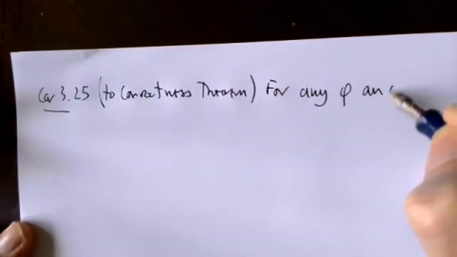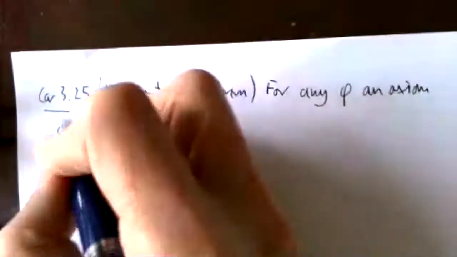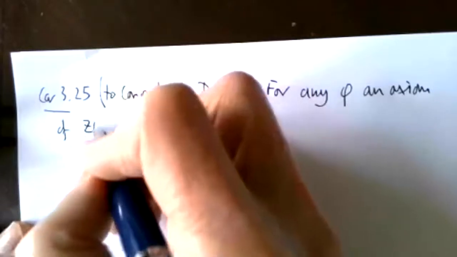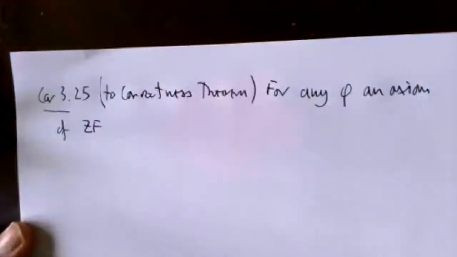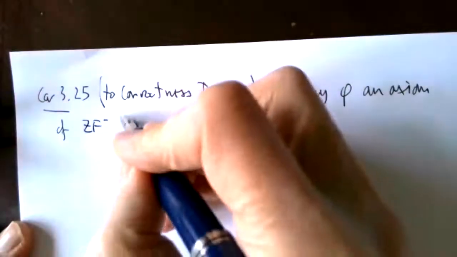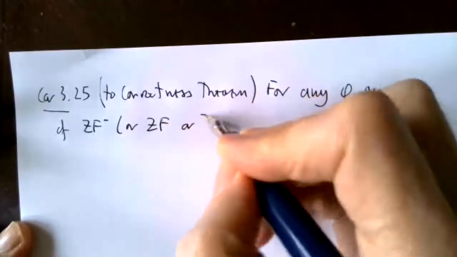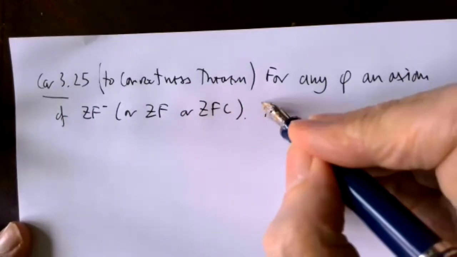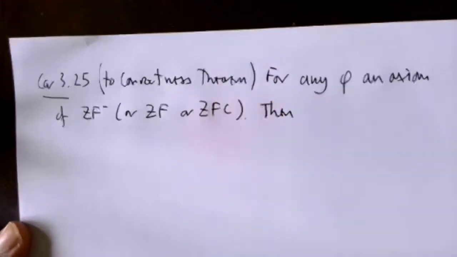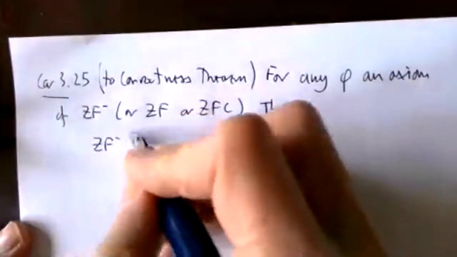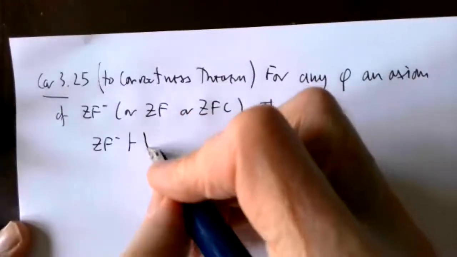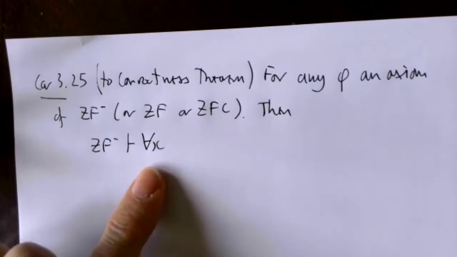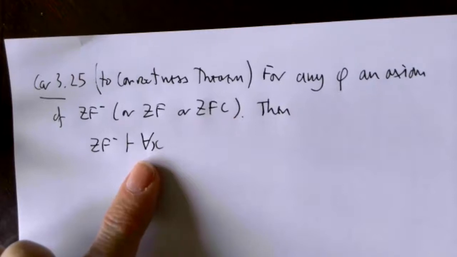For any phi an axiom of ZF, I seem to have written ZF minus. So I think this could be all ZF or ZFC. And in ZF minus, we can prove, I put in a for all X here, seem to have just missed it out in the text. So insert for all x in the text at this point.